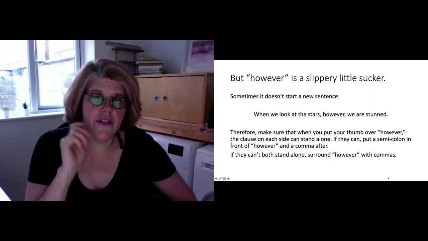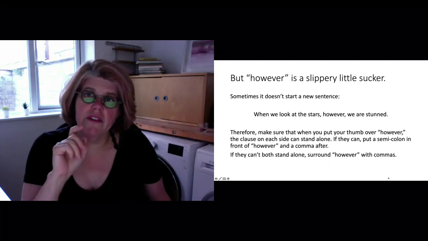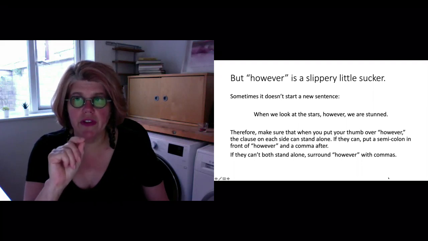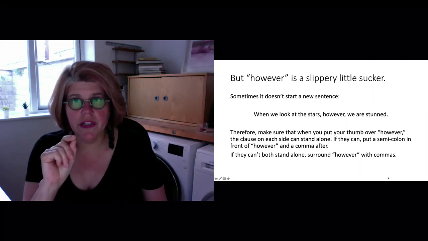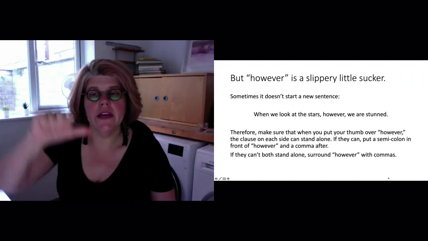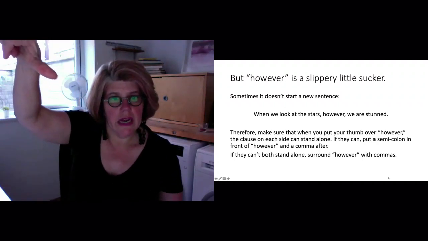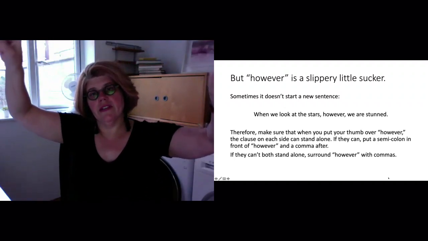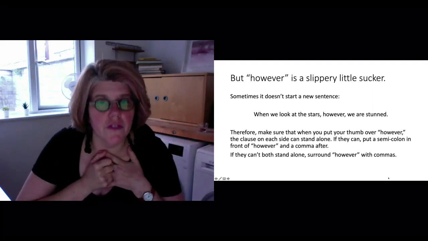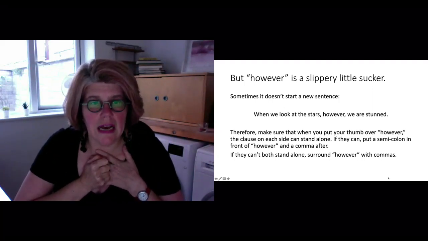The only thing I've ever found that is a way to decide whether you need a semicolon or not is simply to say, when "however" is in the middle of a sentence, if you put your thumb over it and the clause on each side can stand alone, put a semicolon in front of "however" and a comma after.